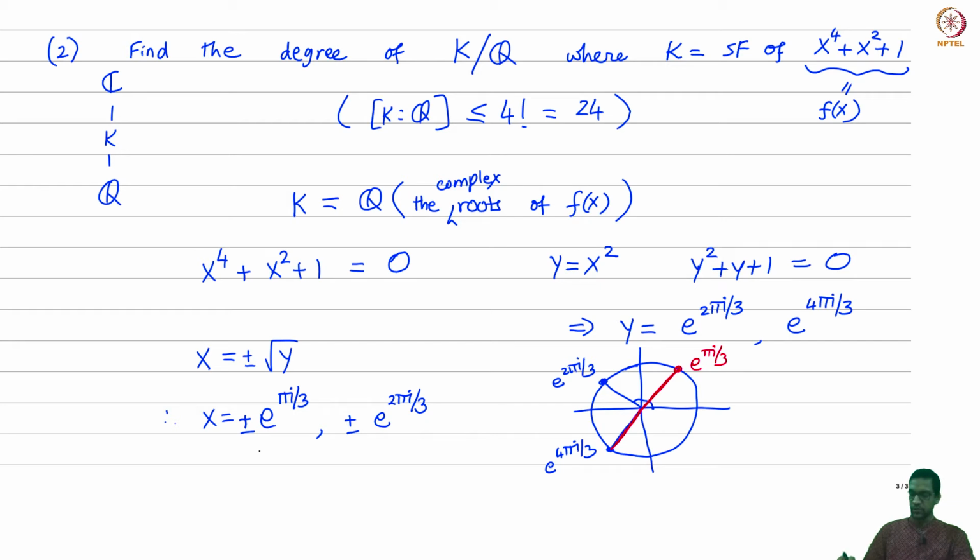So x equals minus e to the pi i by 3, which I can just think of as e to the 4 pi i by 3. Similarly, e to the 2 pi i by 3 is this point, and the negative of that is on the other end. What is this going to be? This is 1, 2, 3, 4 and 5, so 5 pi i by 3.